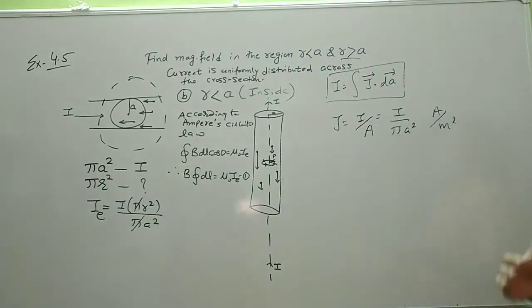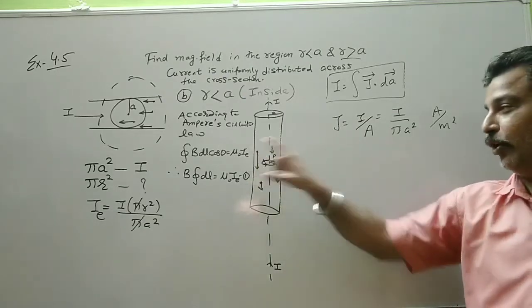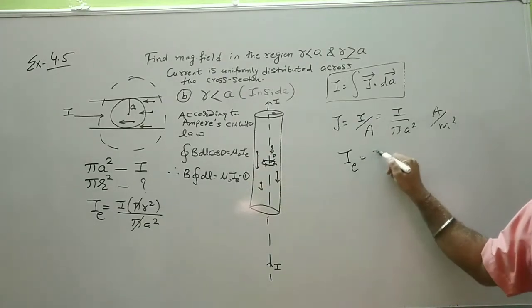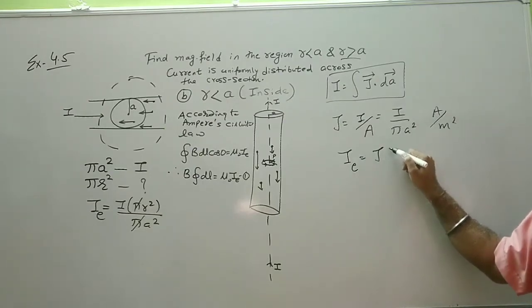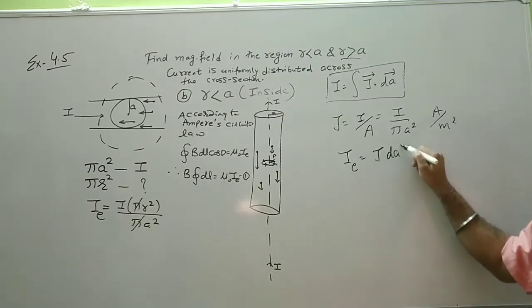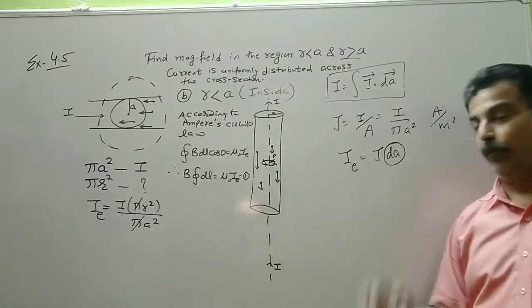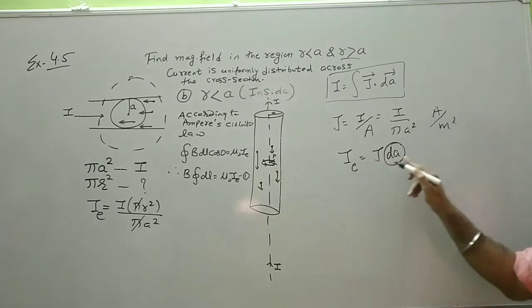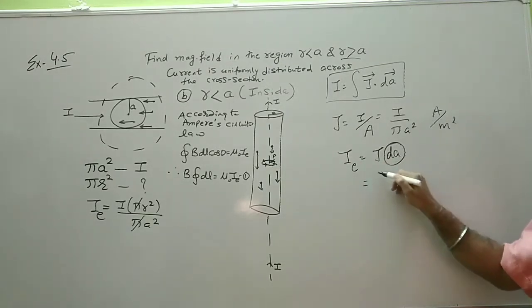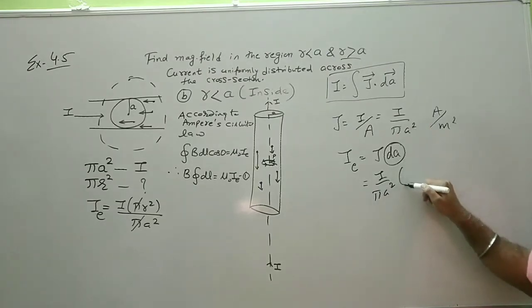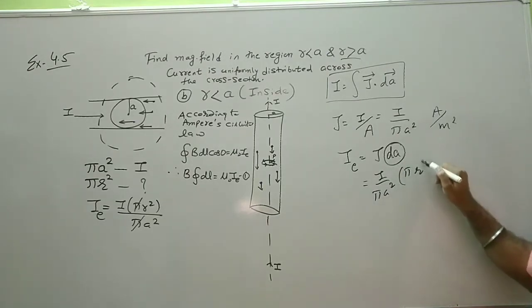Now, what should be the current enclosed? Here I_E can be written as J into dA, or you can say the area of the Amperian loop. So this will be equal to I upon pi a square, and dA means the area of the Amperian loop.